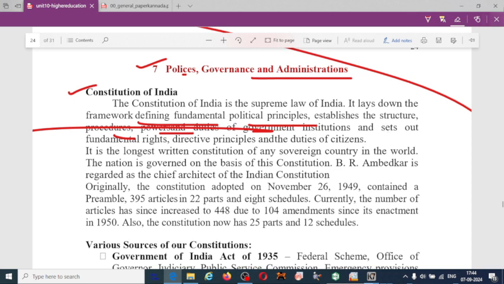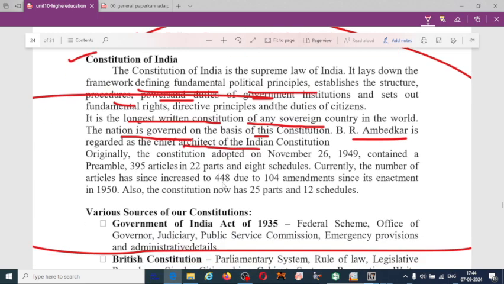So, it is the longest written constitution of any country in the world. The nation is governed on the basis of this constitution. B.R. Ambedkar is regarded as the chief architect of the Indian Constitution.